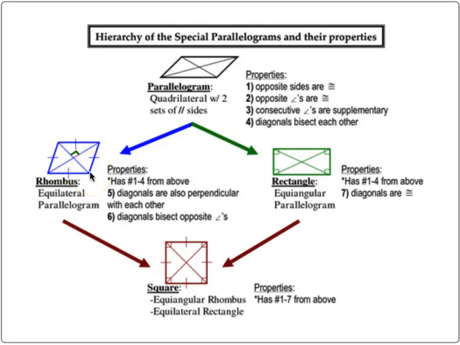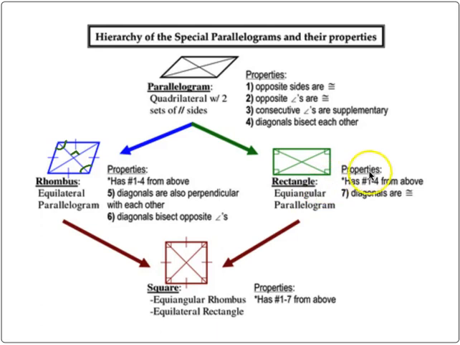It's a special type because the diagonals are perpendicular. So the diagonals will intersect at 90-degree angles, and the diagonals will bisect the opposite angles. So these angles right here, the diagonals will bisect those, so that from here to here we'll have the same measurement as from here to here.